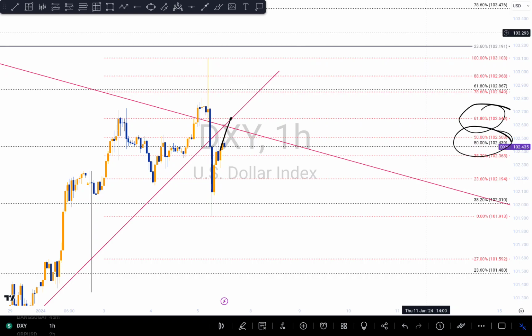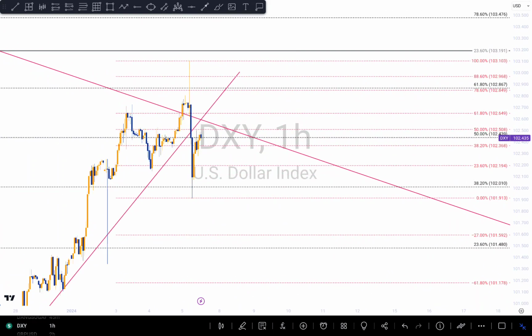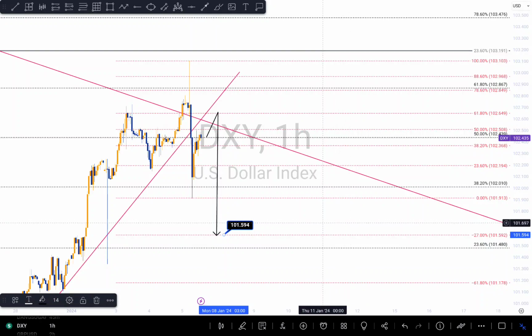So those are my two targets right here for us to push to the downside. I'm just gonna draw my thoughts. My first initial thought is probably around here to push to the downside. And my target right now is right here, which is 101.592.